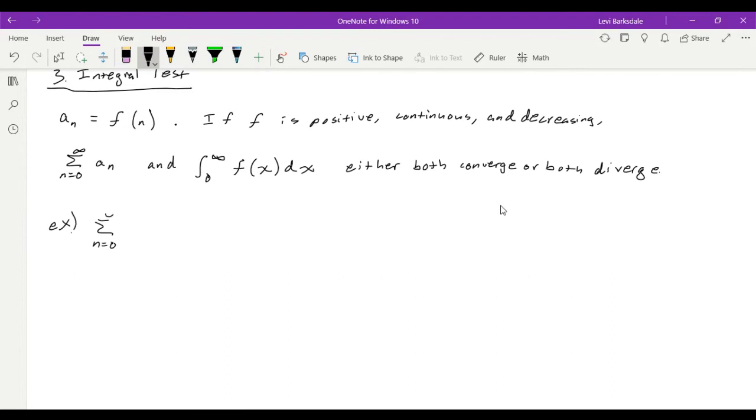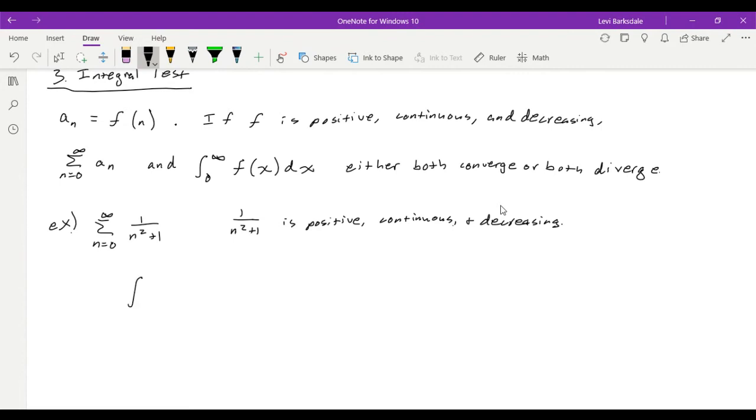So we have the sum from n equals 0 to infinity of 1 over n squared plus 1. Well, because 1 over n squared plus 1 is positive, it's also continuous and decreasing, so we can use the integral test.